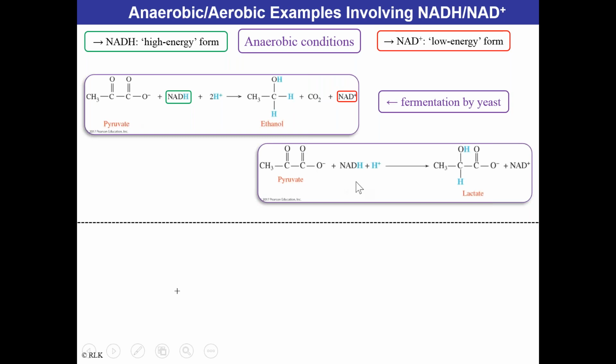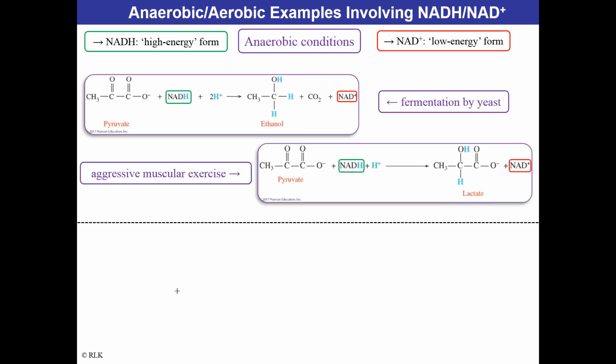And here you have pyruvate actually going to lactate. So depending on whether the environment is anaerobic or aerobic, that can dictate things, and it also dictates what types of cells we're talking about, right? So yeast cells obviously differ from our own cells, our muscle cells that we have in our bodies.